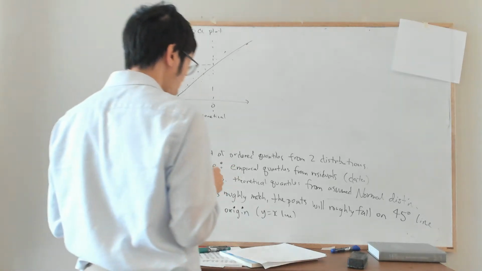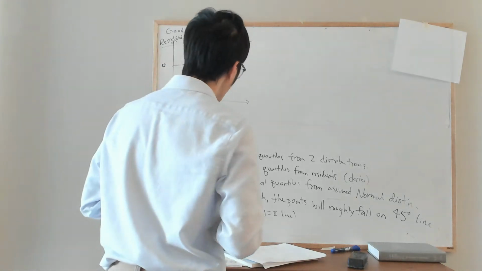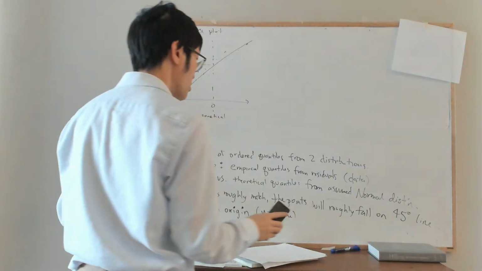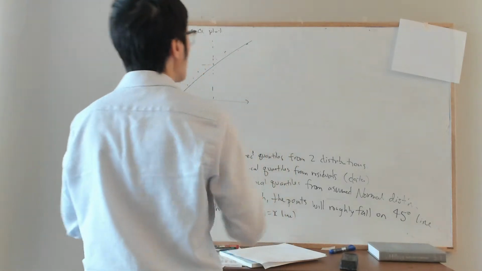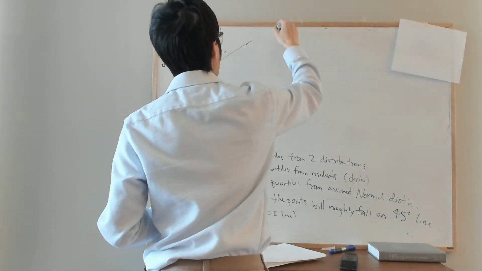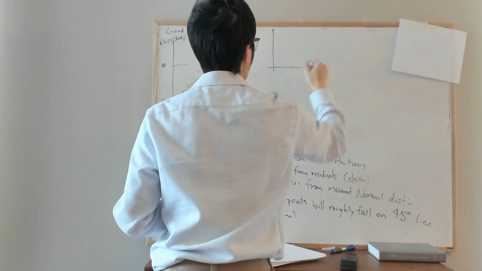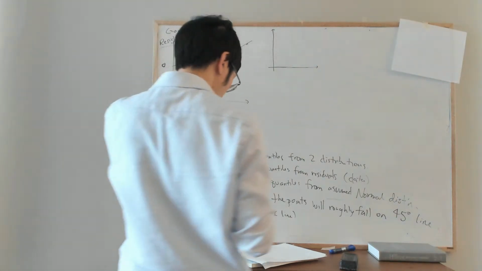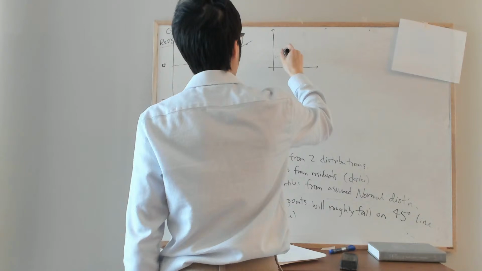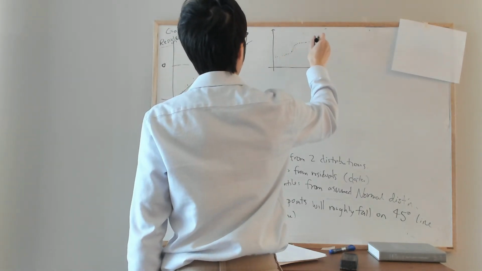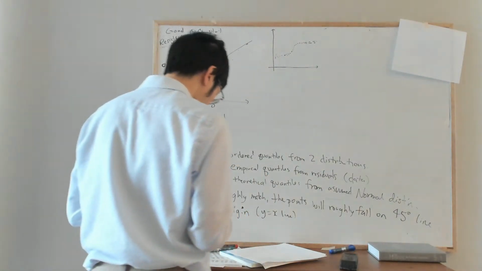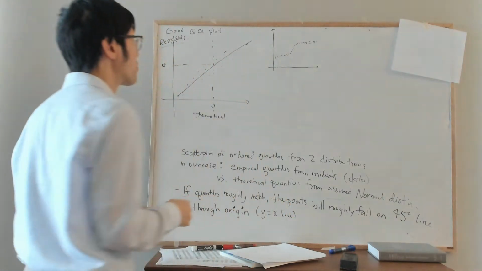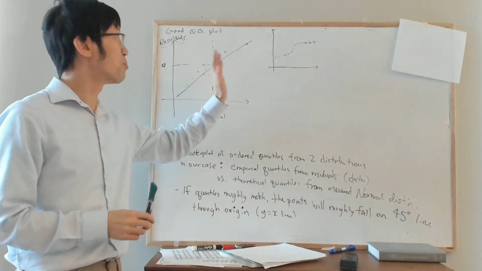Now, examples of things that we can detect if there is non-normality in the errors. Okay, so let's give you a few examples. Sometimes we'll see this sort of shape where it's not quite a straight line. Again, we're looking for major deviations.